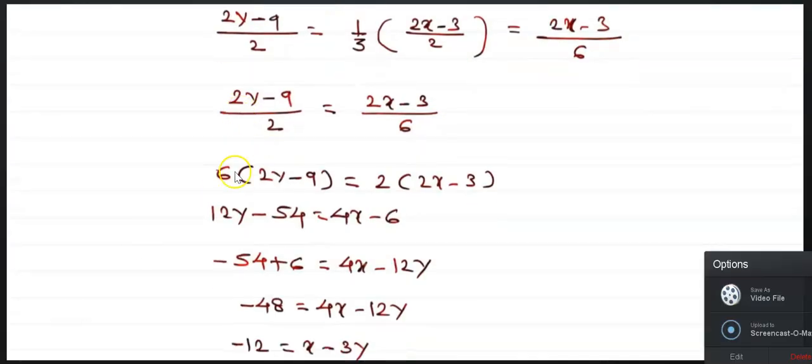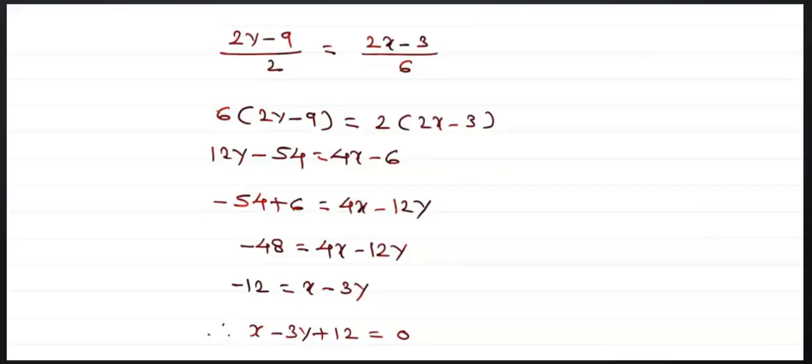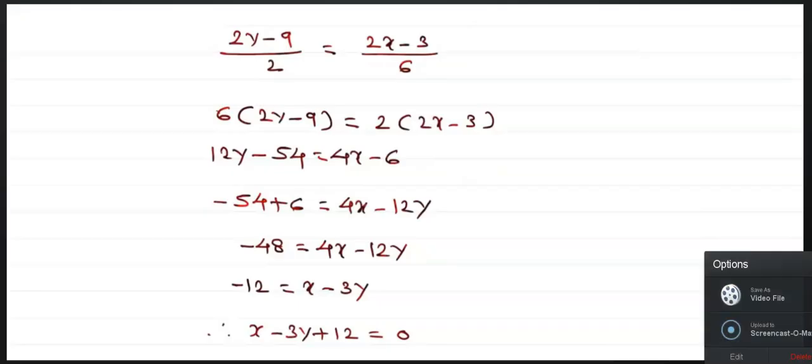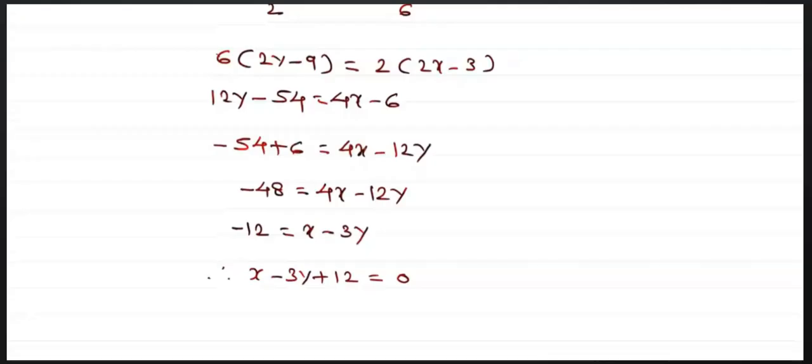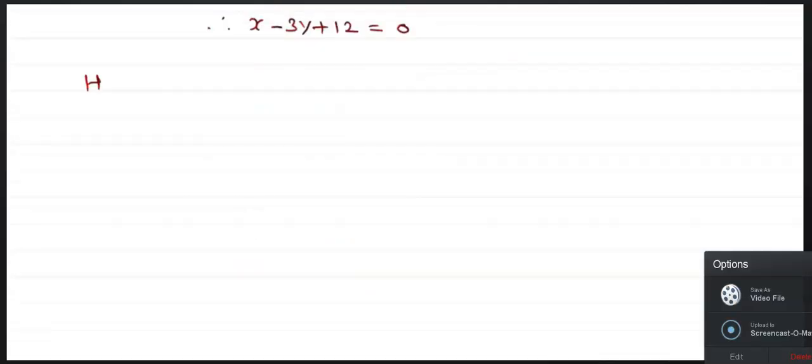That is 6 in bracket 2y minus 9 is equals to 2 in bracket 2x minus 3 multiplication. Therefore, the equation of the line is x minus 3y plus 12 is equals to 0. Required line.